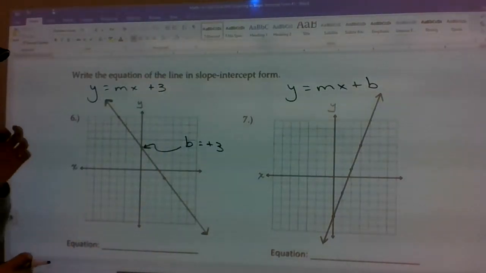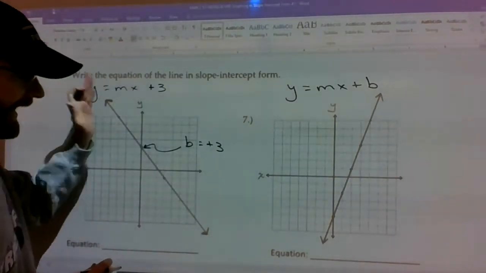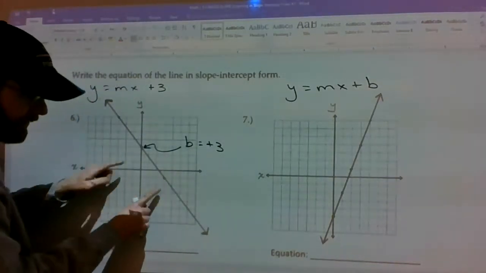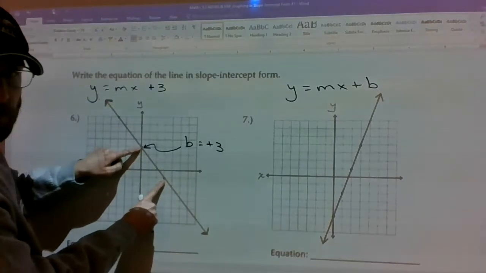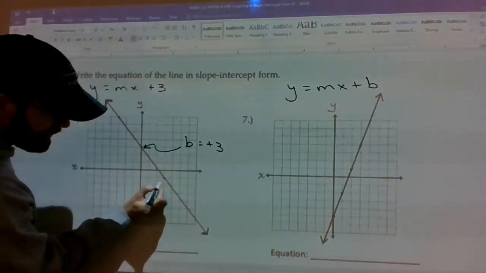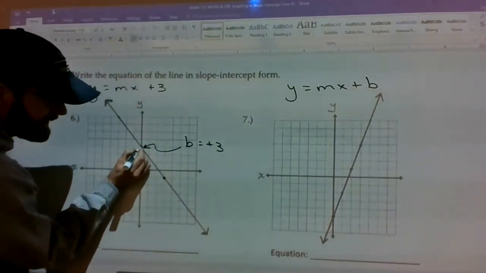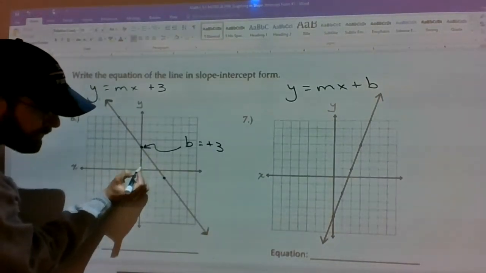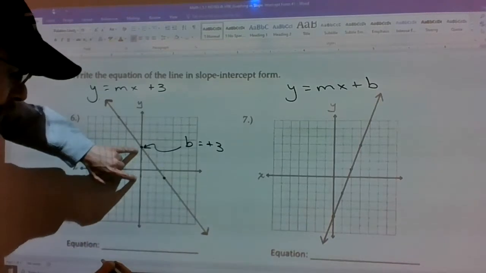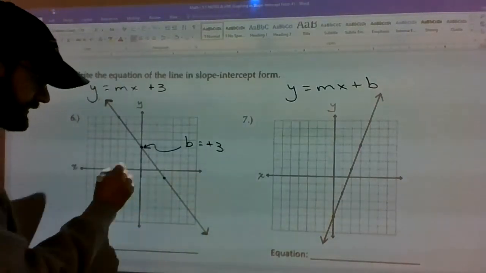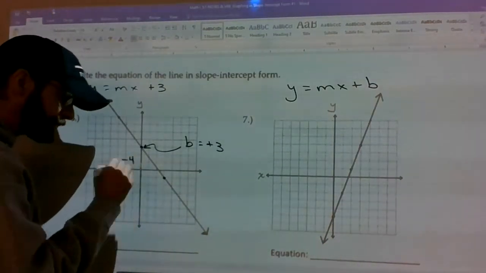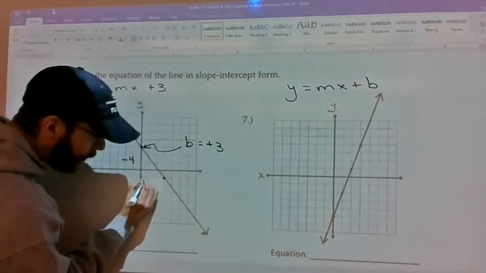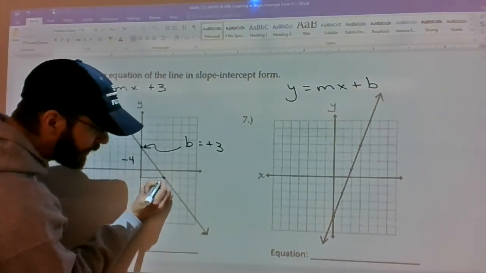All right? Now, to find my m, I'm looking at the rate at which it changes from one point to another. So it looks like I got a point here and a point here. I've got to travel down 1, 2, 3, 4 vertical units. So minus 4, and then right 1, 2, 3 horizontal units.